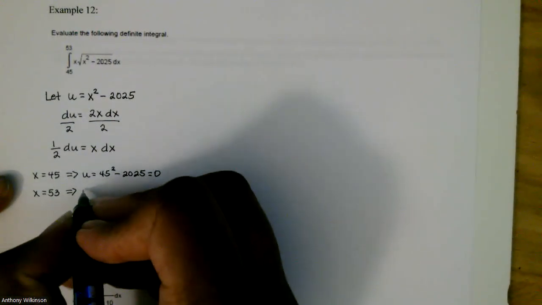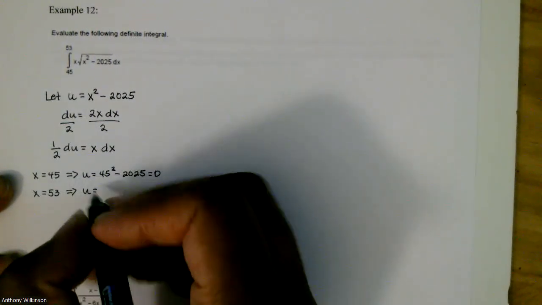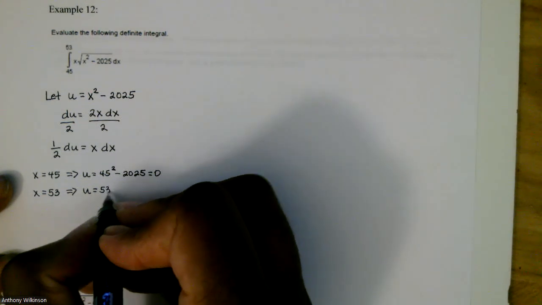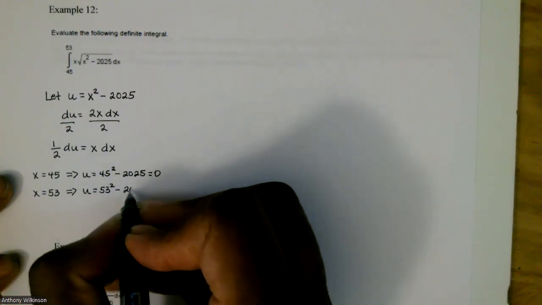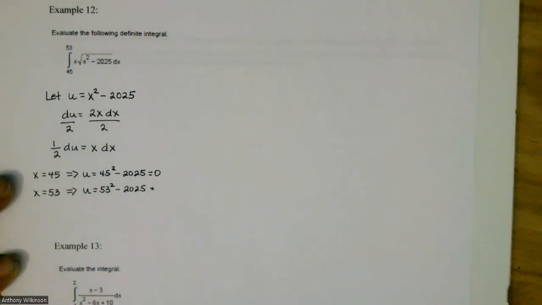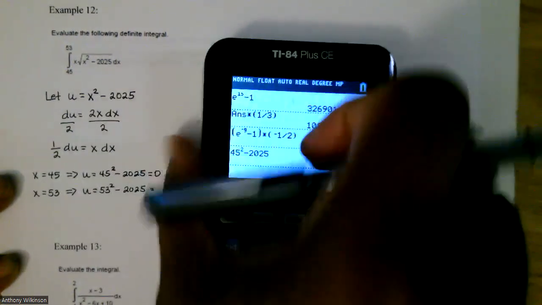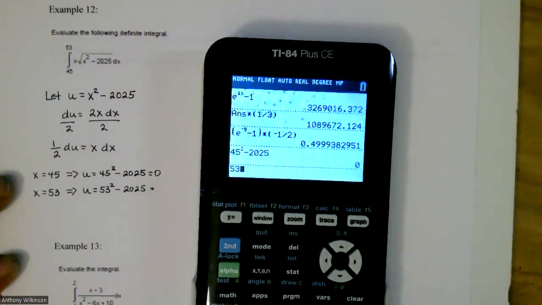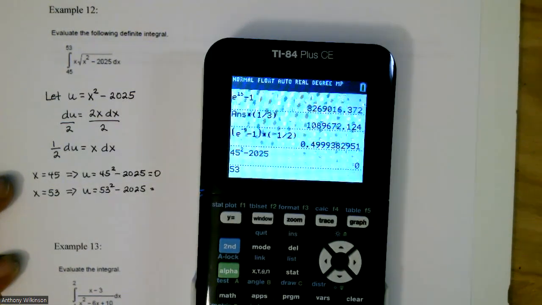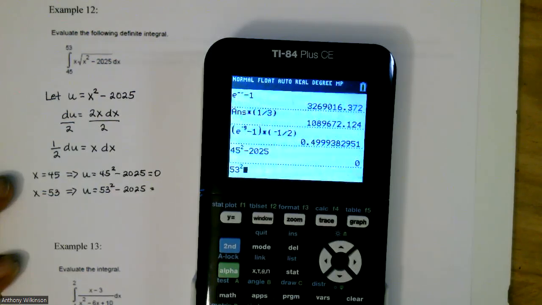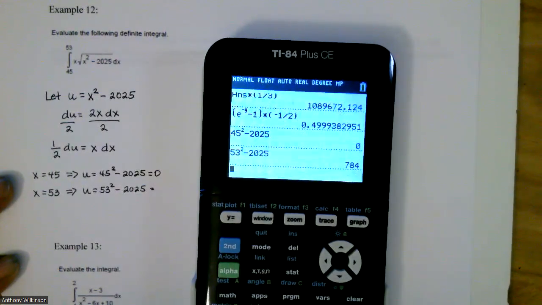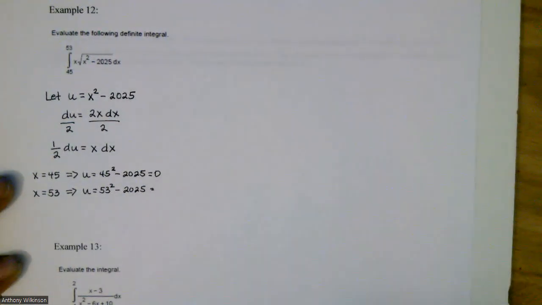And if x is 53, then my upper limit in terms of u will be 53 squared minus 2025. Because again, I'm letting u equal x squared minus 2025. Now I'm substituting that x with the 53. So 53 squared minus 2025 ends up being 784.